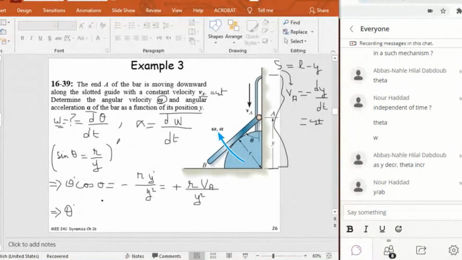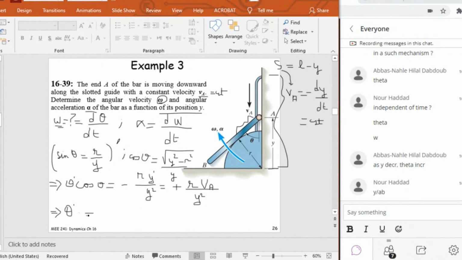If I also need to substitute cosine theta by an equation in terms of y and r, I know that cosine theta is equal to this distance here over y. And what is this distance? It's equal to radical y squared minus r squared. So cosine theta is equal to radical y squared minus r squared over y.